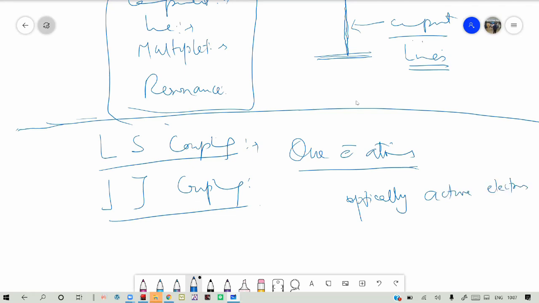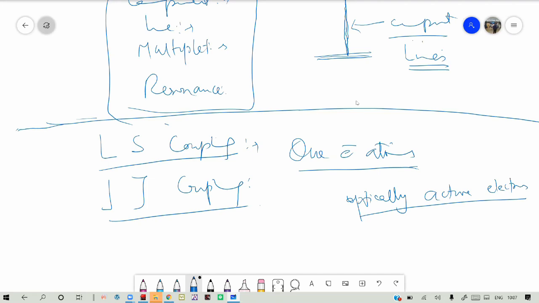They can take part in physical phenomena like transitions between two different energy levels. The electrons which are responsible are generally those in the outermost orbitals, which are generally free, and those are called optically active electrons, because when you shine some light on them, you give some energy to them, they will excite, they will move from a lower state to a higher state.